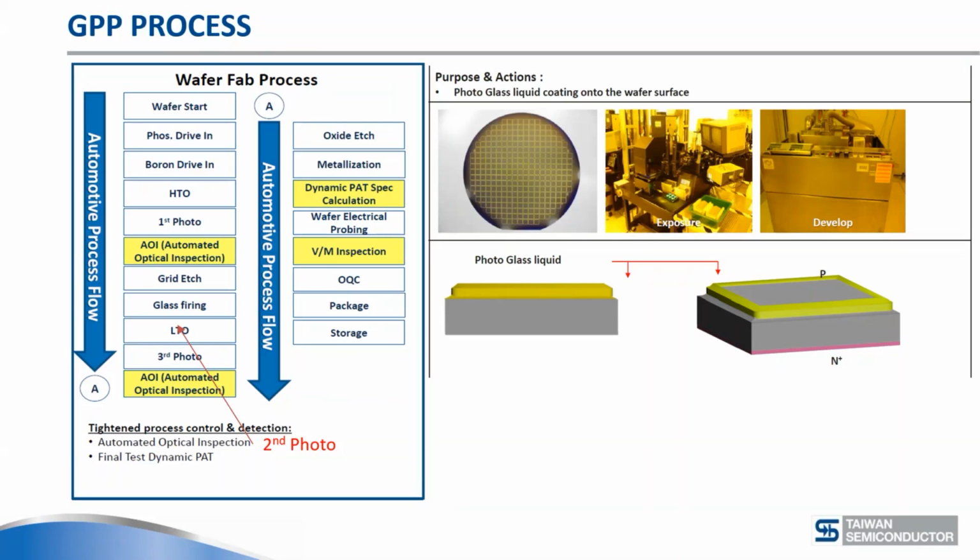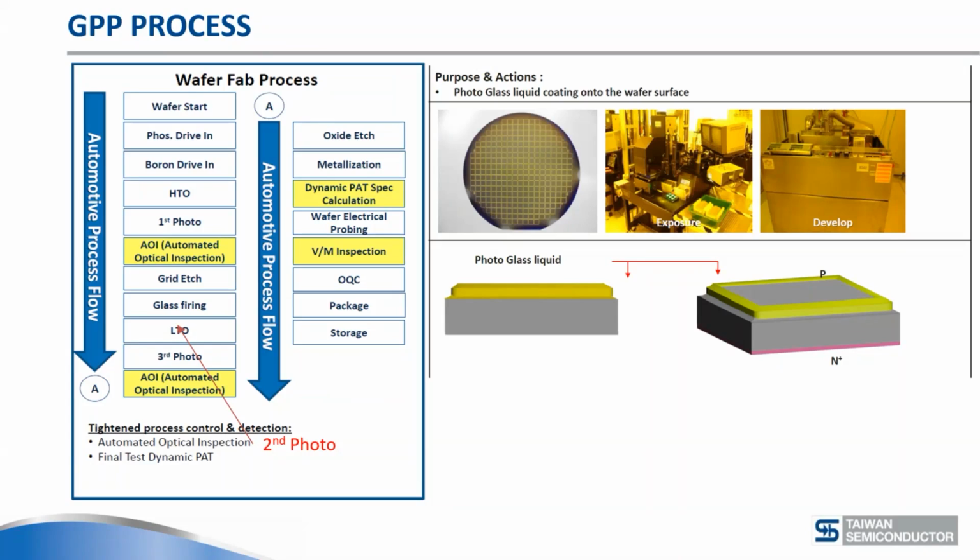What we are doing with the GPP, or glass passivated pellet process, is that at one stage, and this is the second photo which I highlighted there, we're opening up the device and applying glass to that. There are many ways to apply this glass, and many ways to grow the oxide, so there are many different variations.